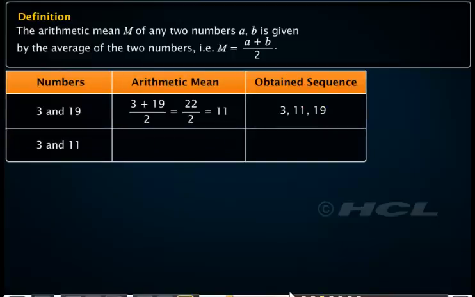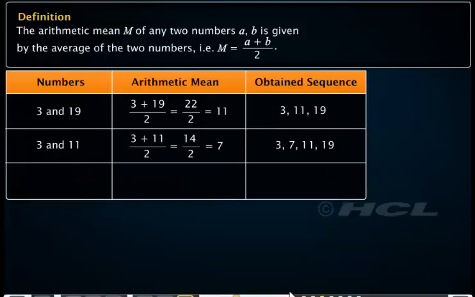Now consider 3 and 11 and find their arithmetic mean. By definition of the arithmetic mean, we get the AM of 3 and 11 as equal to 7 as shown. Note that we get the sequence of numbers 3, 7, 11, 19.